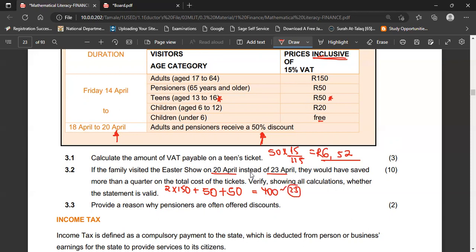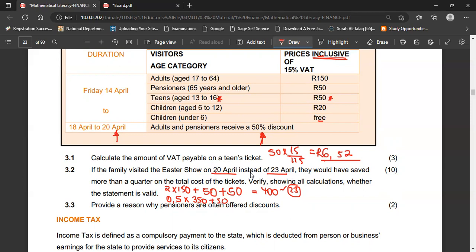What about the 20th with a discount? The 20th with the discount, simply meaning, this will be 50% times 350 plus 50. Why am I saying 50% times 350? I'm looking for the discount. Why do I get the 350?